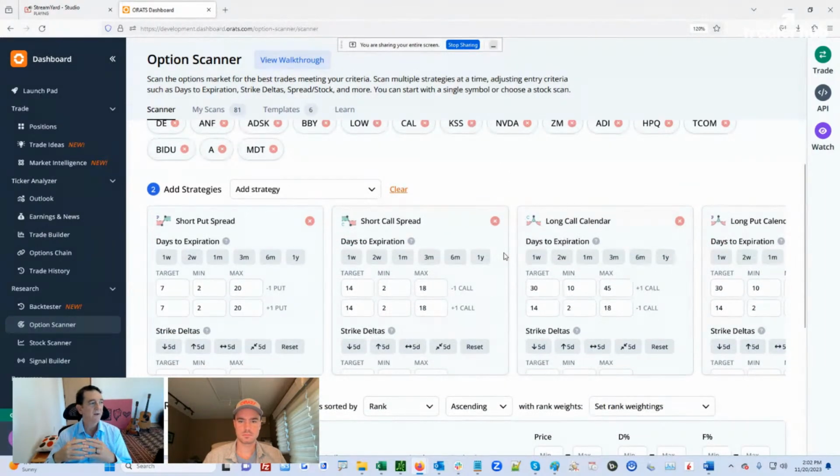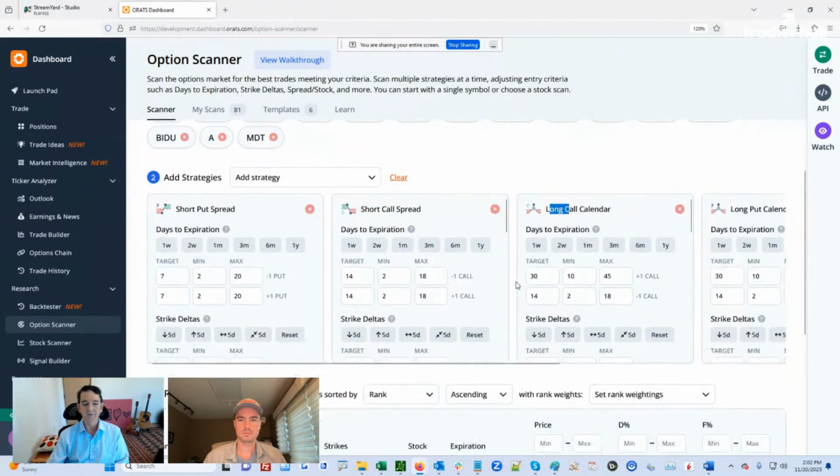So we think that the movement in the market is implied is too high. So using a short put spread, a short call spread, a calendar, you could take advantage of that.